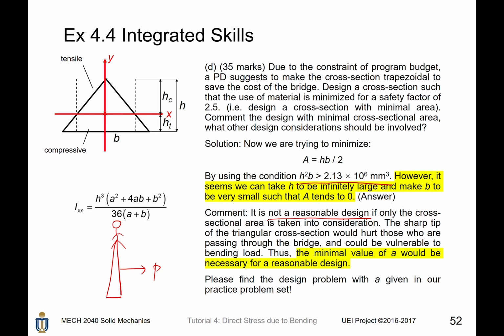So in case such a load occurs, how can you ensure safety with such a thin cross-section? That is another issue you need to address. In other words, a minimal value of a, which is the minimal value of the upper base, would be necessary for a reasonable design. So in our practice problem set, there is a problem modified from this problem, and there will be a value of a given, and you can try that out.